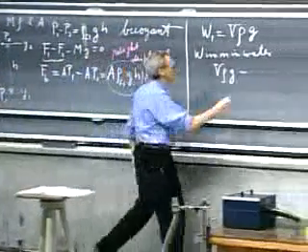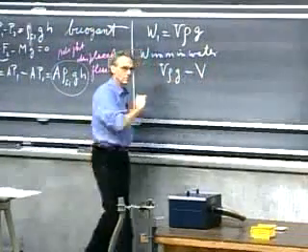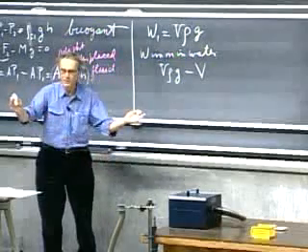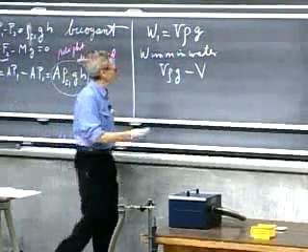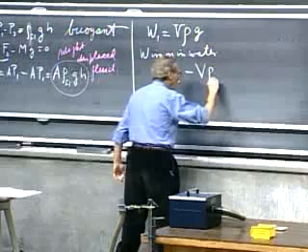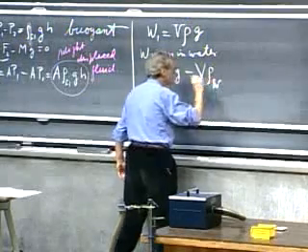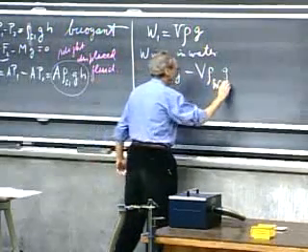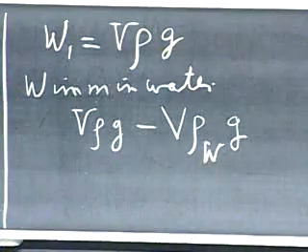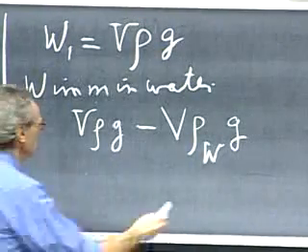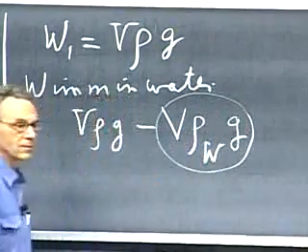And the weight of the displaced fluid is the volume of the crown, because the crown is where the water has been removed, times the density of the fluid, which is water, which he knew very well, times g.